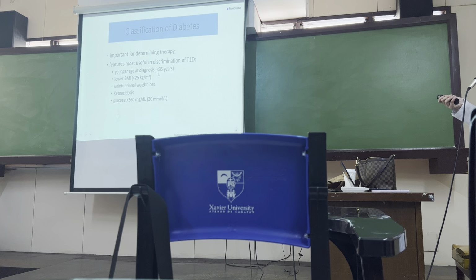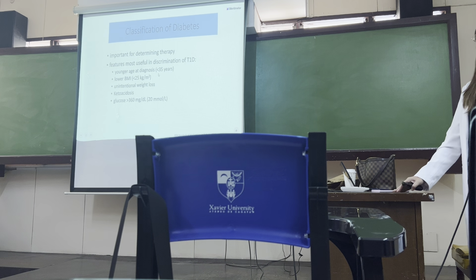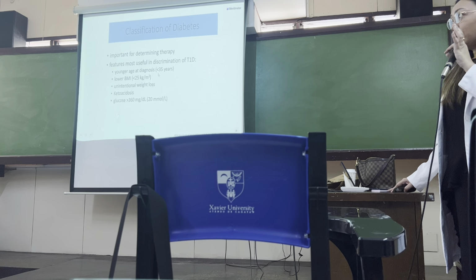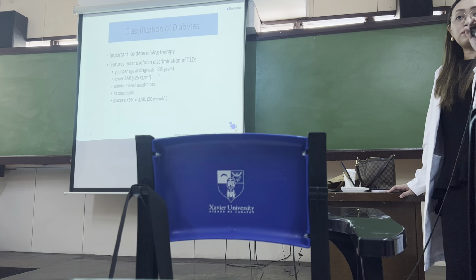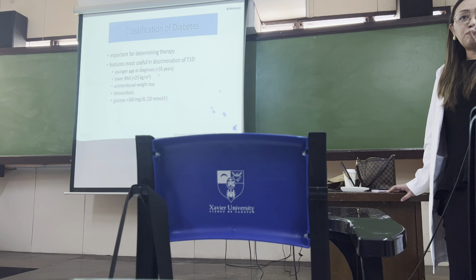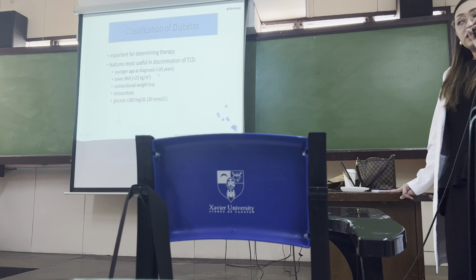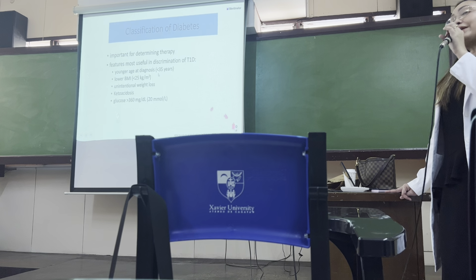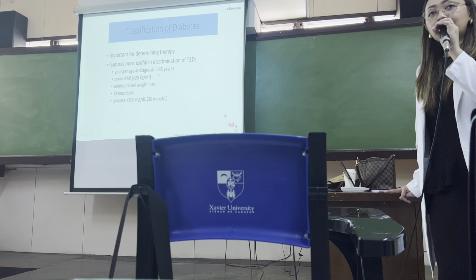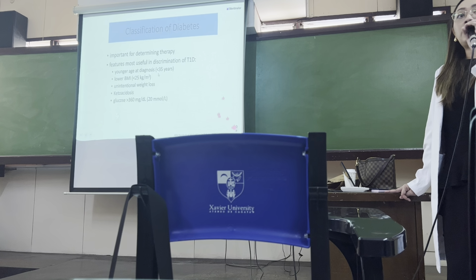So, again, in terms of classification, to discriminate in the actual setting, autoantibodies are only available in research centers in the Philippines, such as PGH. Unfortunately, we can't request for that left and right here. So, when can you suspect that this is type 1 more than type 2 DM?